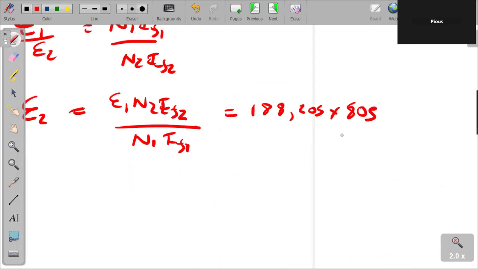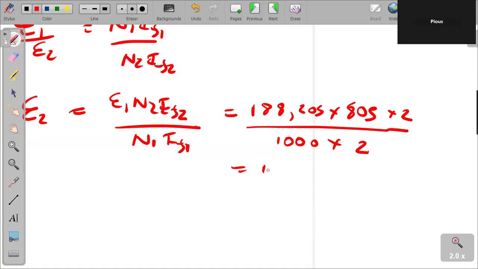So we are saying 805, multiplied by 2, of course, that's our IF2. The shunt field current is not changed. Divided by 1,000, multiplied by 2. And that will give us 159.97974 volts.